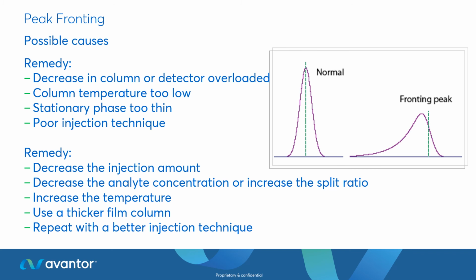Perhaps we've not got enough stationary phase, so again a column overloading issue, but having a thicker column stationary phase will address that, or poor injection technique. Other remedies would be decrease the injection amount, look to increase the split ratio or decrease the analyte concentration, increasing the temperature, using a thicker film, or repeat with a better injection technique.